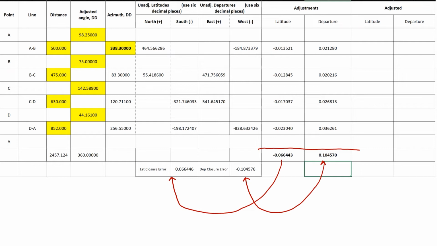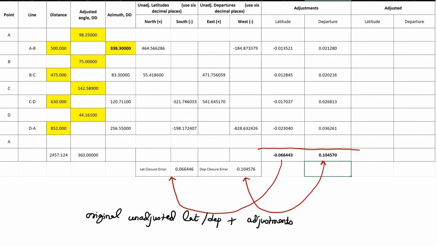So let us find the final values. To find the adjusted value, you just take the original unadjusted, or you can say incorrect, latitude or departure, and you add the adjustments. When I tell you to add the adjustment, make sure to keep the sign as it is. Don't change the sign or remove the sign.